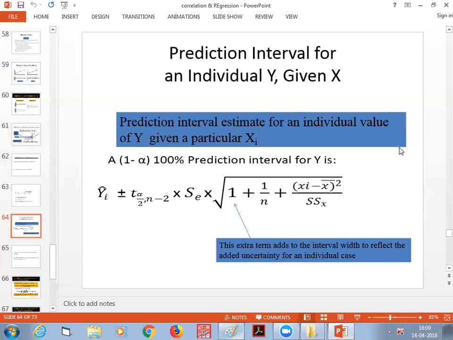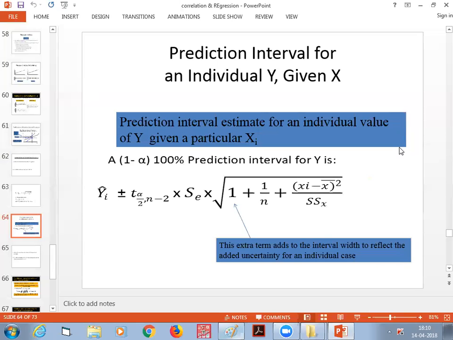That means if I take alpha 5%, I am 95% sure that the individual value of y for a given value of x lies between this value and this value. There is only a 5% chance that the estimated value of y may be away from the lower value or the upper value.